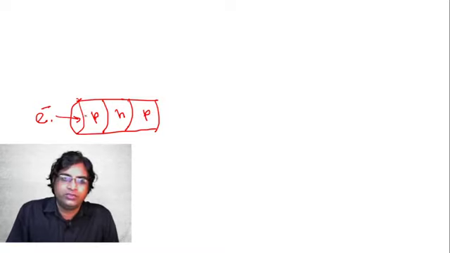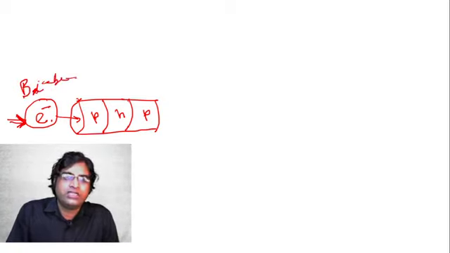Okay, so first the hole attracts this electron very easily. And to pass this electron here we have to give some pressure, some voltage bias. That is called the biasing.